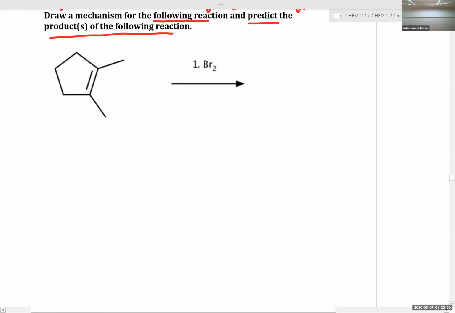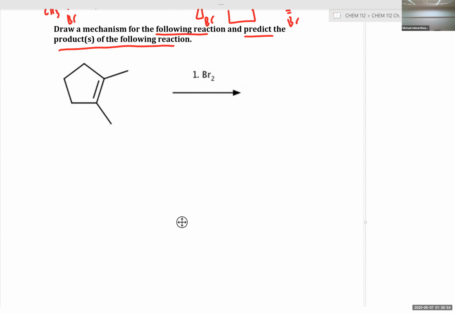So let's take about 3 to 4 minutes to work on this example, and then we'll come together as a group to discuss.